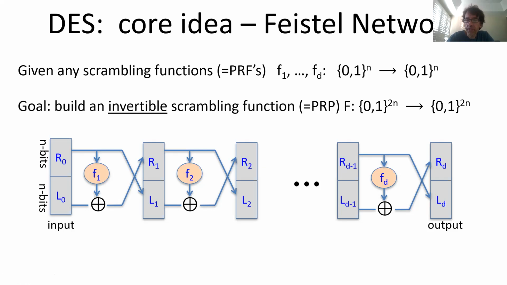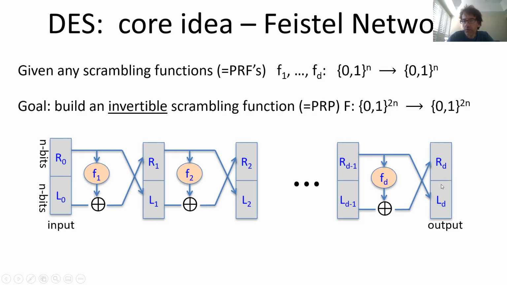Let me first show you that this computation is invertible. Well, that's rather easy to see. Okay, and what is my final output? These registers. So LD, RD is the output of the capital F. These two are the input of capital F, and this is the output of capital F. How do I go back from the output to the input?